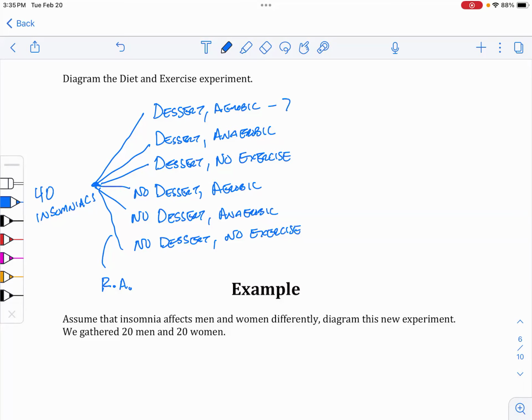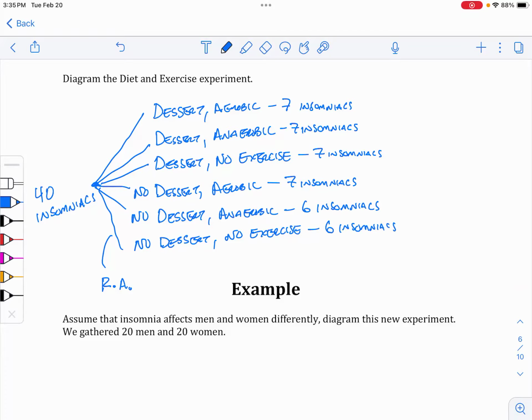Basically, I just start going 7. So break it up as evenly as possible.